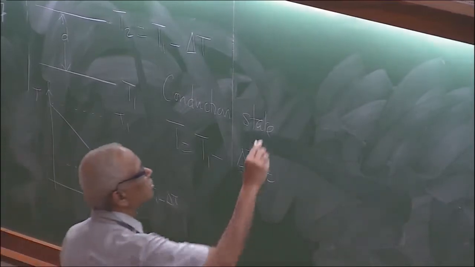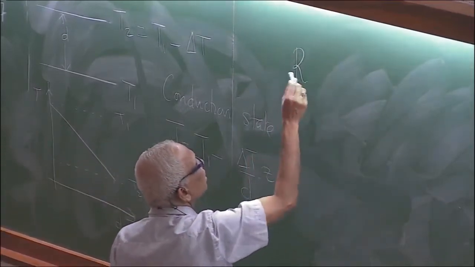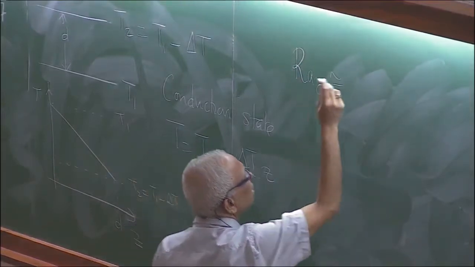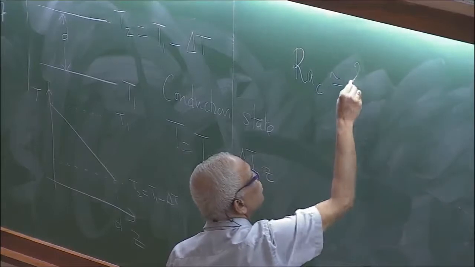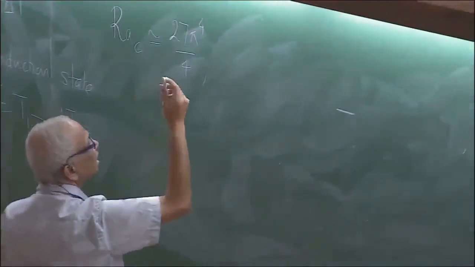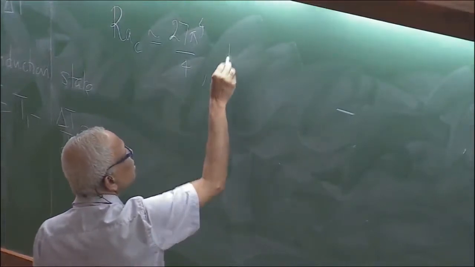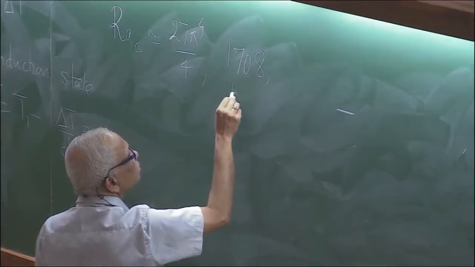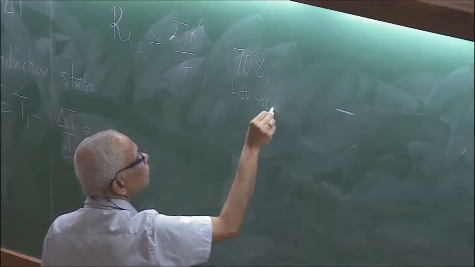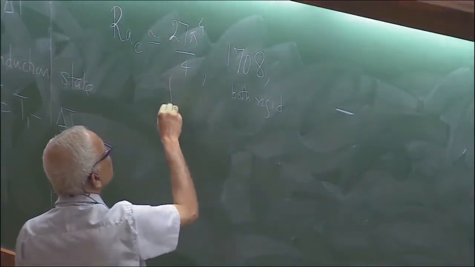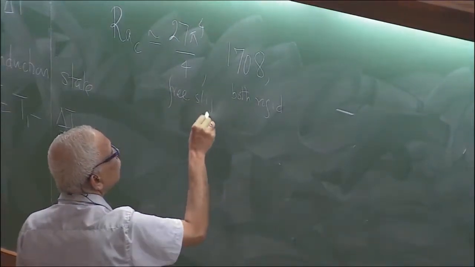This conduction state gets destabilized at R critical, which is something like 27 pi to the fourth over 4 for idealized free-slip boundary conditions. If both walls are rigid, that is no slip, it's 1708.